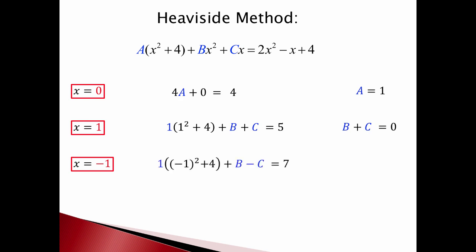Because what will happen now is I'll have 1, again, that's because that's a, right? Then -1 squared plus 4 plus b times -1 squared, okay, that's just b, plus c times -1, oh, the negative there actually matters. It makes it -c. Then on the right-hand side, when I plug in -1, there'll be 2 times -1 squared minus -1 plus 4.